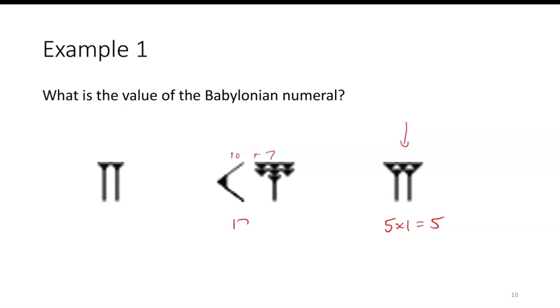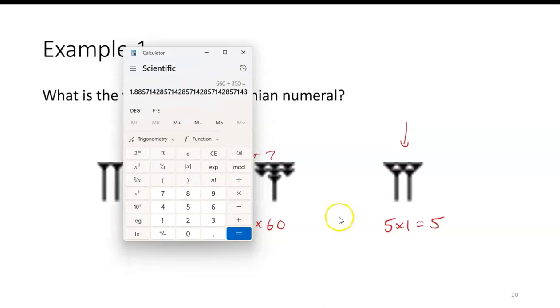So this is 17 times 60. If I go 17 times 60, I get 1020.